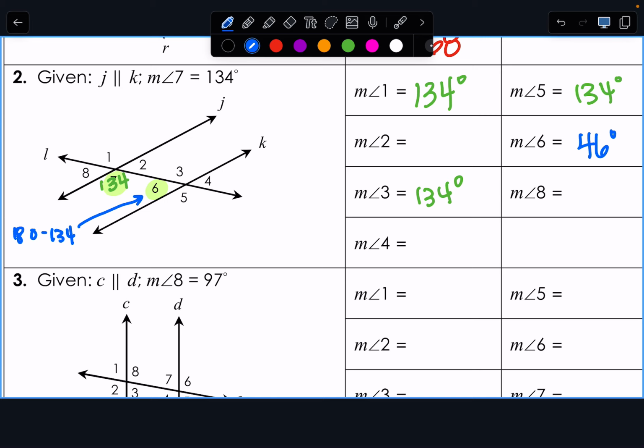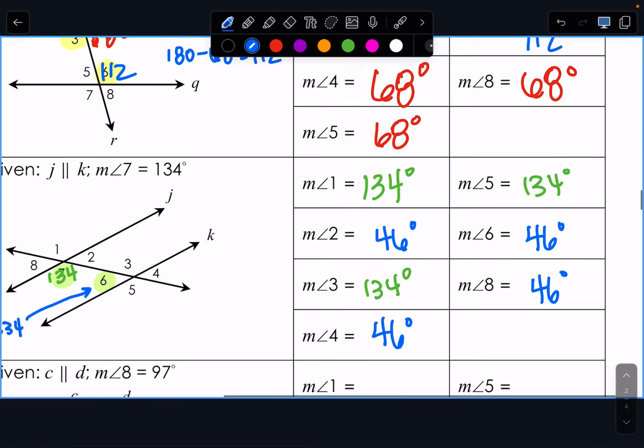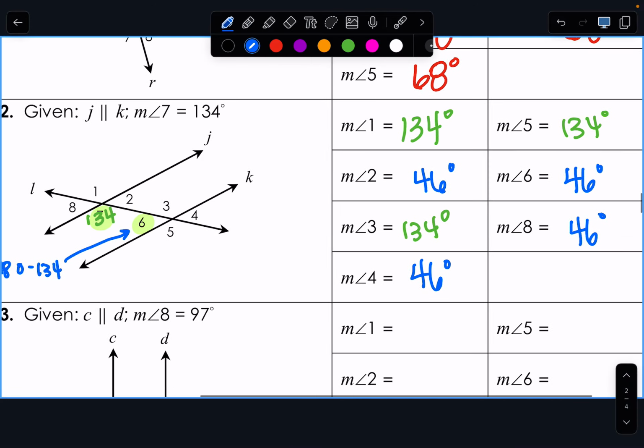And if angle 6 is 46, then so is angle 2, and so is angle 4. What's angle 8? Angle 8 is also 46.